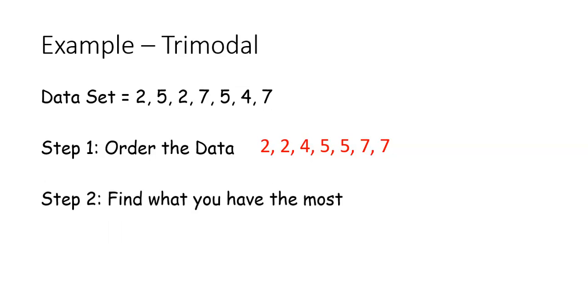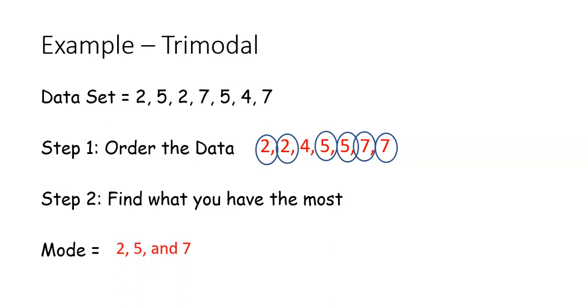Step 2, what do you have the most? So circle them. 2 2s. 2 5s, 2 7s. So, your mode equals 2, 5, and 7.